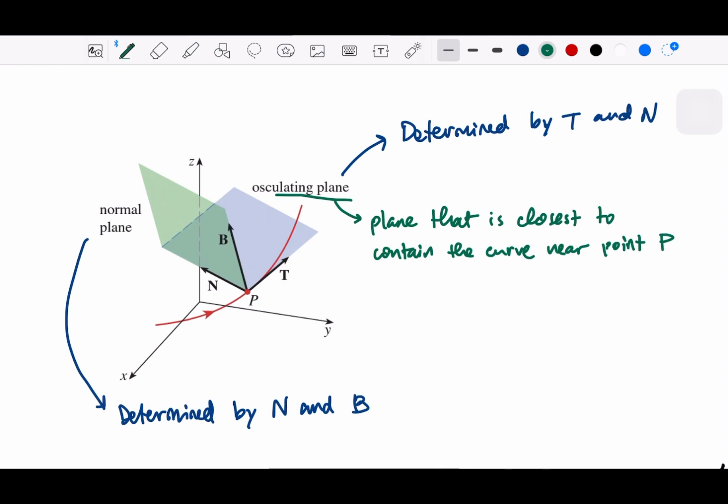So it is a plane that contains the curve itself.